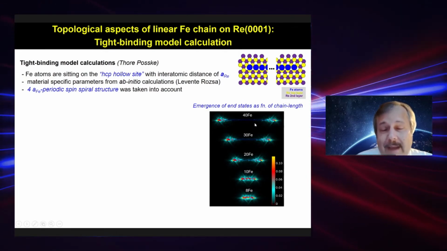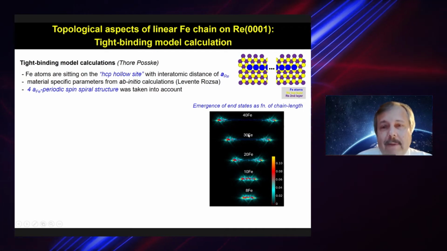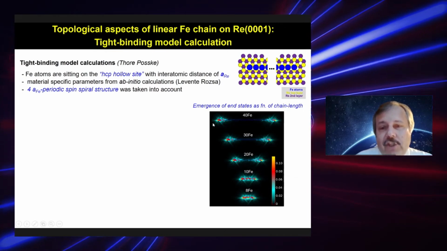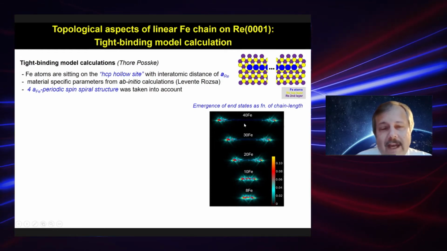Of course, this depends a lot on the particular type of hybrid system, as we will see later on. But for iron on rhenium, we achieve already a very good separation of the Majorana end states for 40 iron atoms.